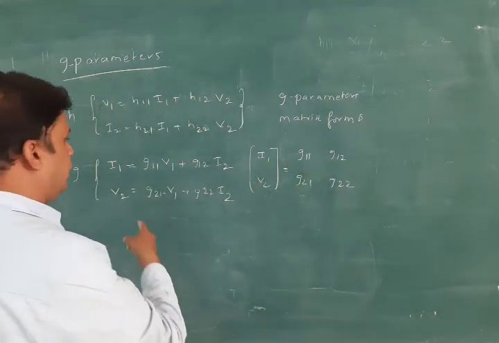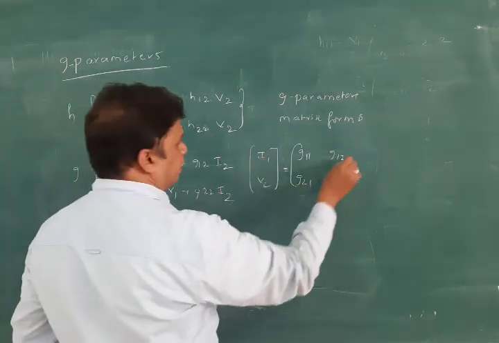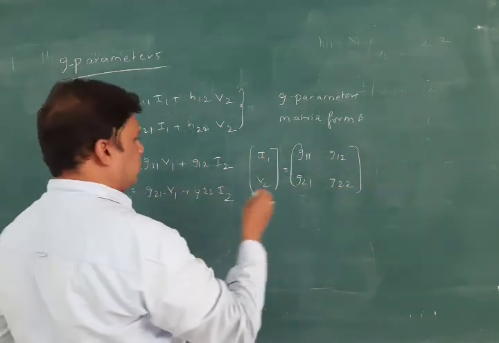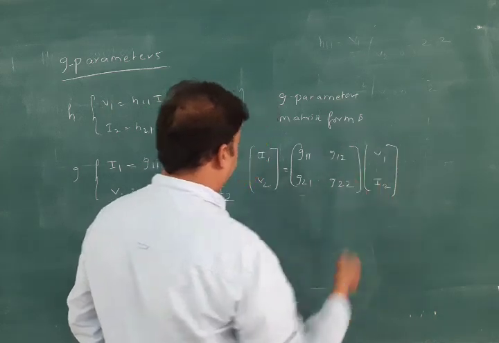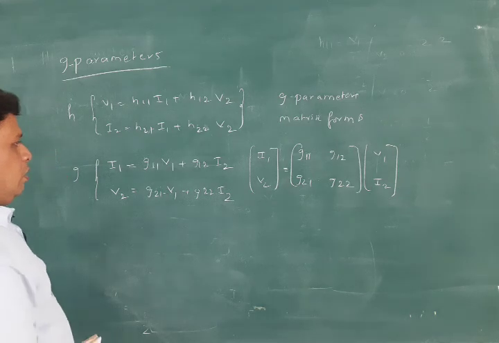If you carefully see here, this is the square matrix, and the variables are V1 and I2.